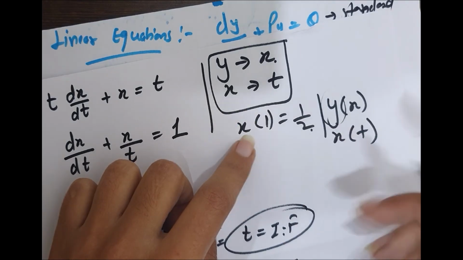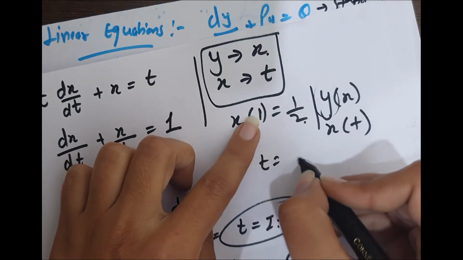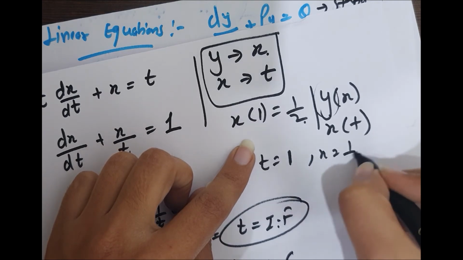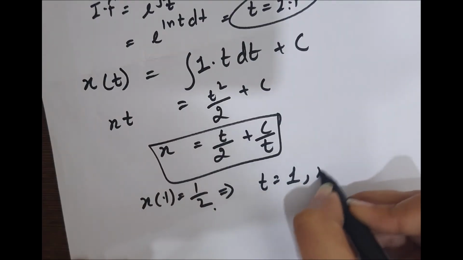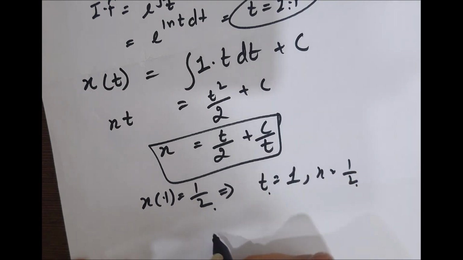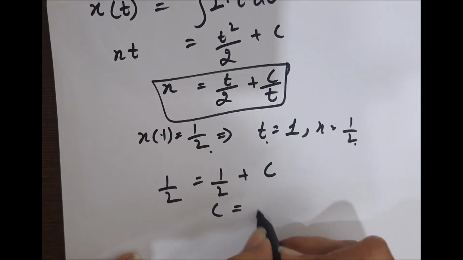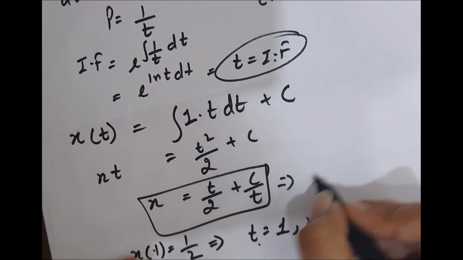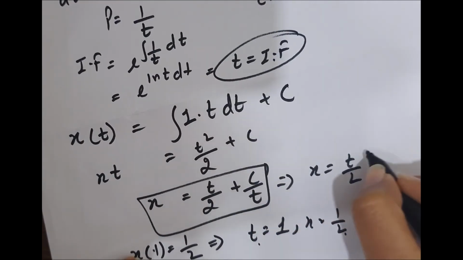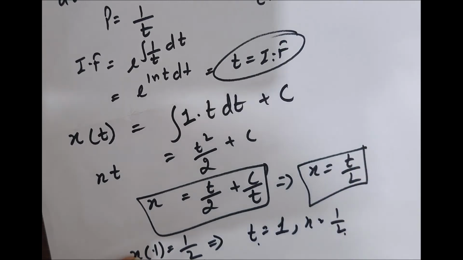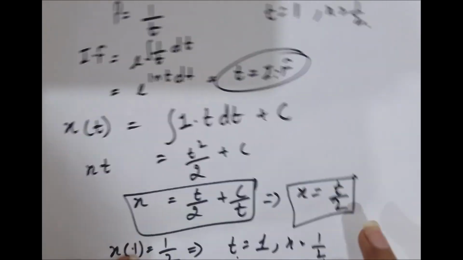Here t is equal to 1 and x is equal to half. So half is equal to half plus c. C comes out to be 0. Substitute here, we get the solution of this differential equation.